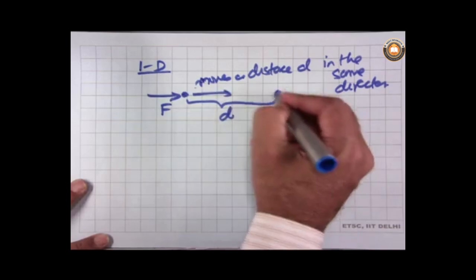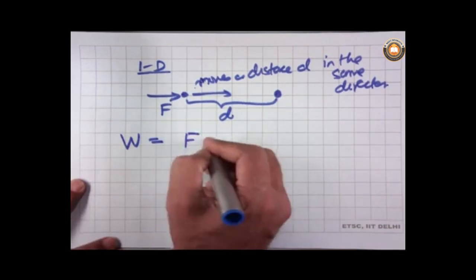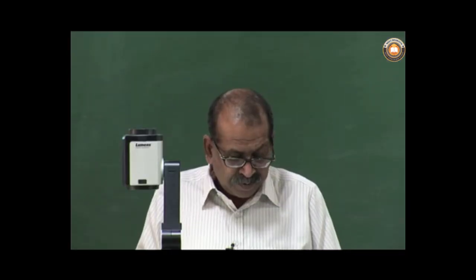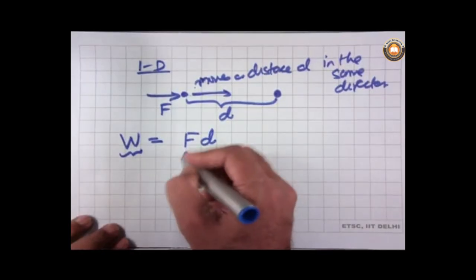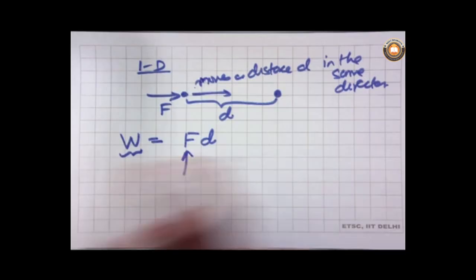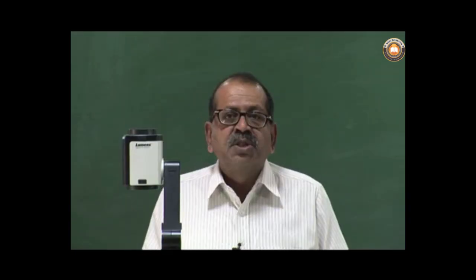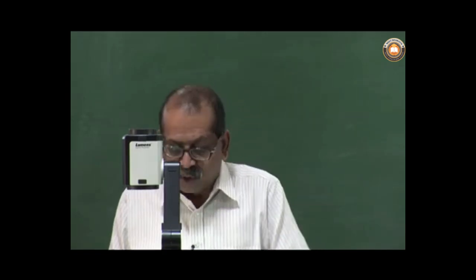The work done by this force is defined as F times d. This is the definition of work done by a force. To be able to define work done, we need two quantities: the force which is acting, and the effective displacement of the body which it undergoes while this force is acting on it.